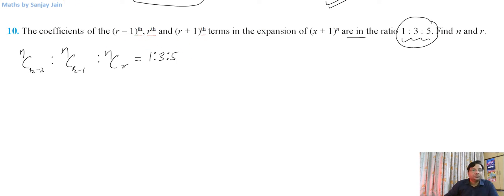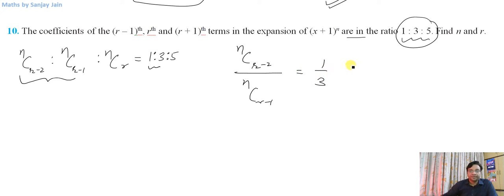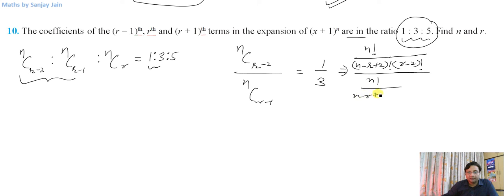Alright, so the first part that I'm going to use is this ratio and this ratio. So nCr minus 2 by nCr minus 1 is equal to 1/3, and that will give me n factorial by n minus r plus 2 factorial into r minus 2 factorial here, divided by n factorial divided by n minus r plus 1 factorial into r minus 1 factorial.